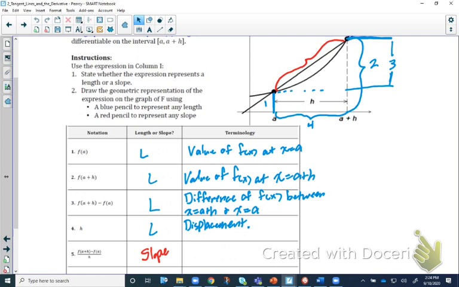So this bit here is representing row number 5, and this here is kind of an average rate of change of the function on the defined interval of a to a plus h.